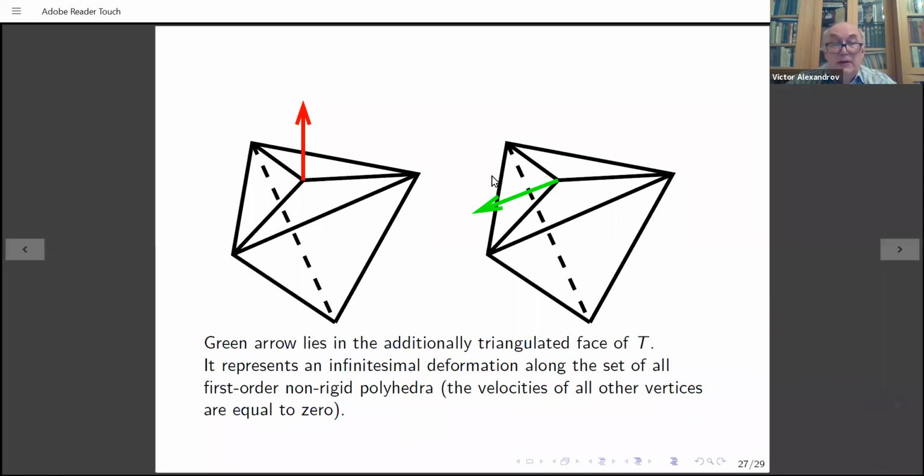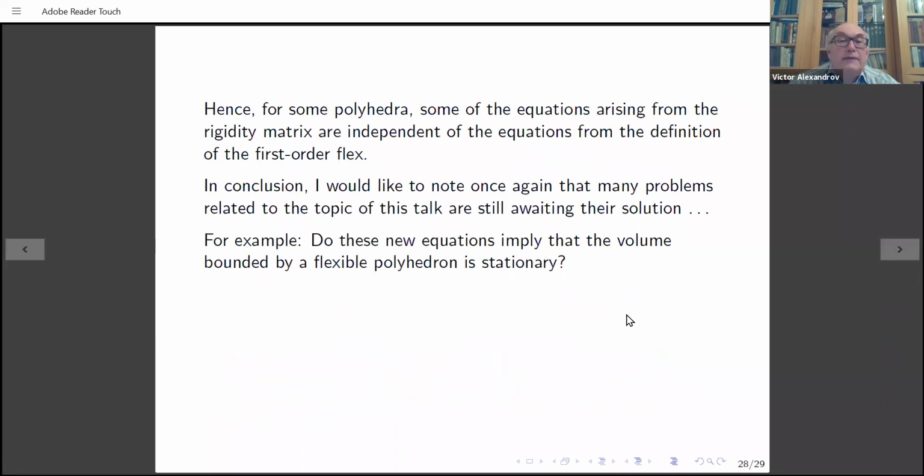But it is not possible to have both such motions simultaneously. So it means that red equations are violated for such a deformation. Okay. So hence, for some polyhedra, some of the equations arising from the rigidity matrix are independent of the equations from the definition of the first order flex.